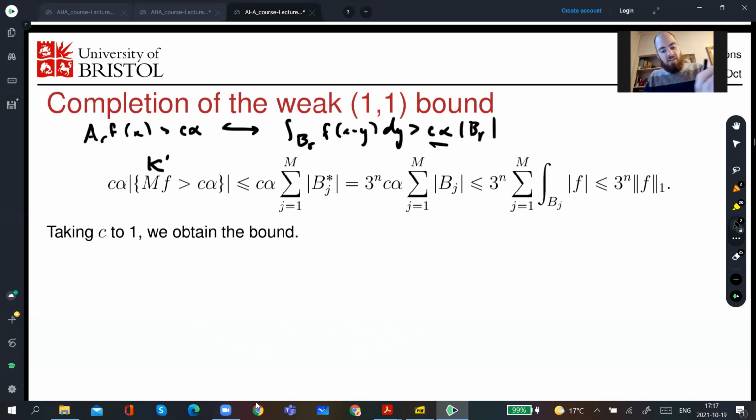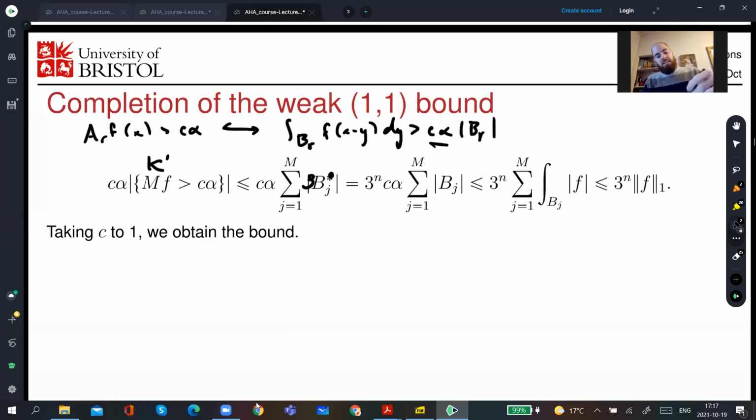So I just take those balls, and I refine that subcollection. This B star is 3B. And what is the volume of a ball compared to 3 times the ball? It was just 3 to the n times the volume of the original ball.